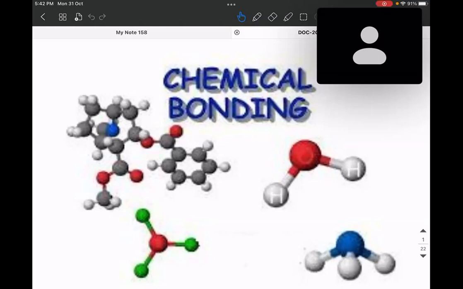In that, you have to calculate what type of electron pairs are around your central atom. If the electron pairs are only bond pairs, you will get a symmetrical structure. For example, you have 2 electron pairs around the central atom. One atom will be attached on this side, another atom on this side.